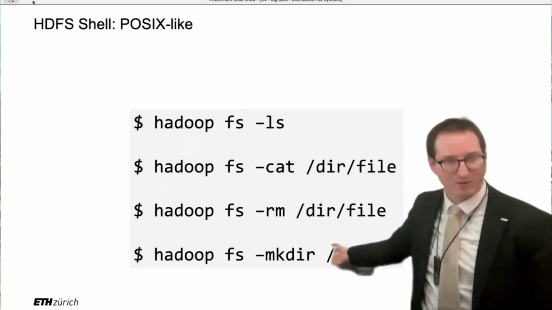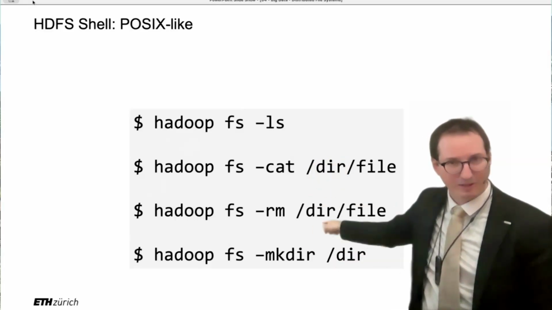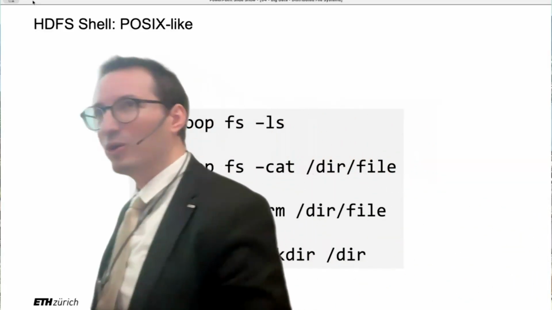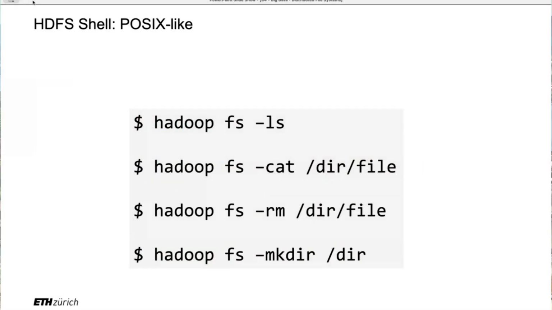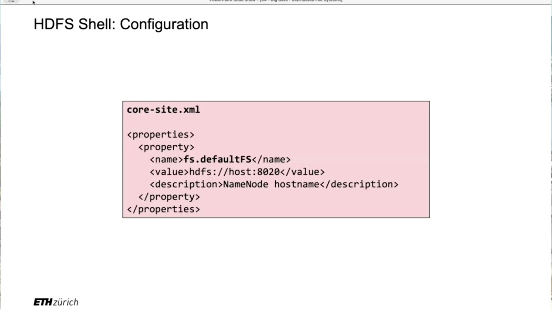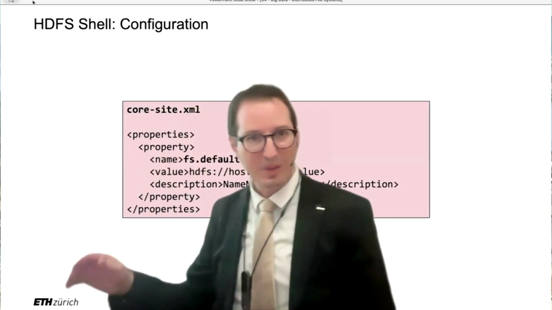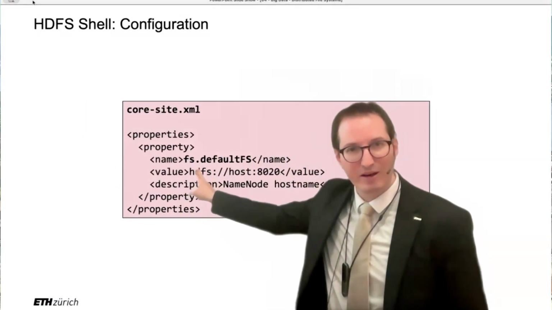Now, one more thing in here, we just have these absolute paths that kind of implicitly imply that you're on HDFS, right? This is a directory on HDFS right here. So it's implied because HDFS is configured as the default file system. And for this, you have actually configuration files. If they are a bit hidden, it's called core-site.xml, where notably you can say that your default file system is HDFS.